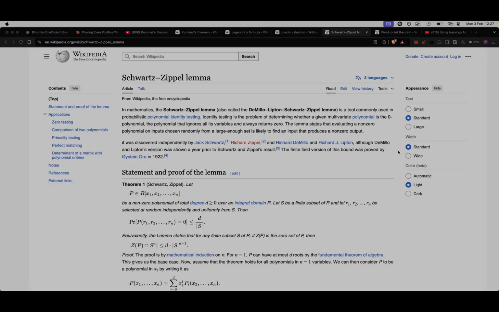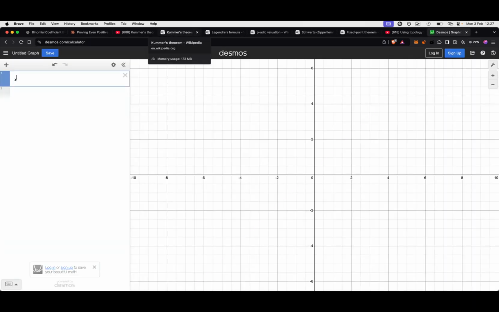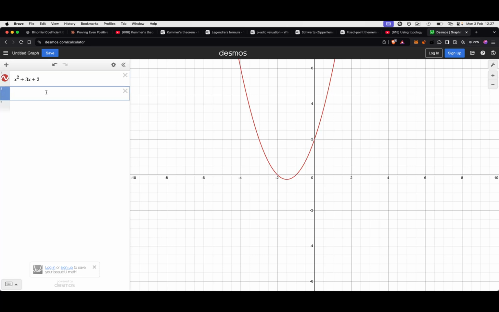Let's plot this thing. No, there's no 3x plus 2. The first one is just x squared.